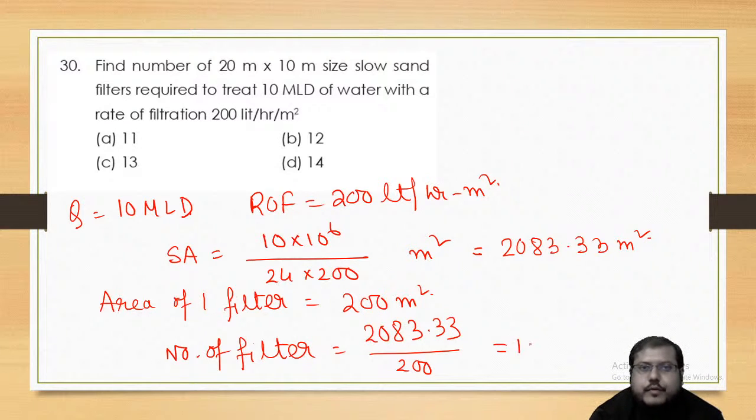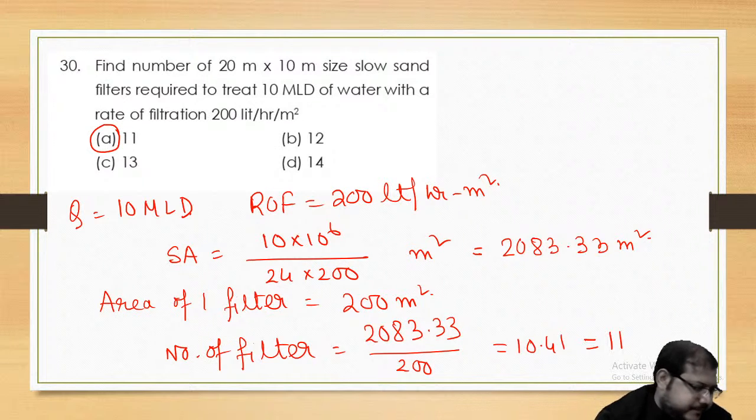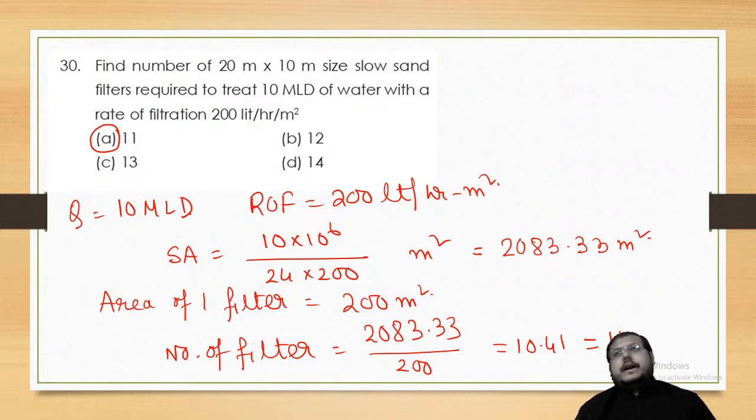It's 10.41. Anything more than 10 will be 11. Option A will be your correct answer. Hope it is clear to you. Option A will be your correct answer. Question number 31.